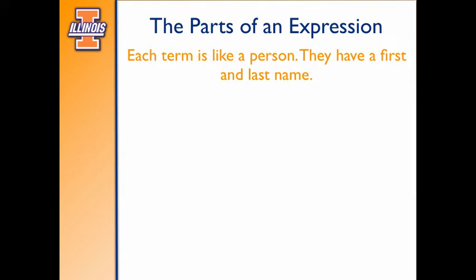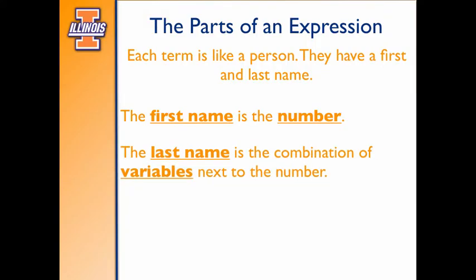Each term can be broken down even further. Let's think of each term like a person, and each person has a first and last name. The first name is the number. The last name is the combination of variables next to the number.